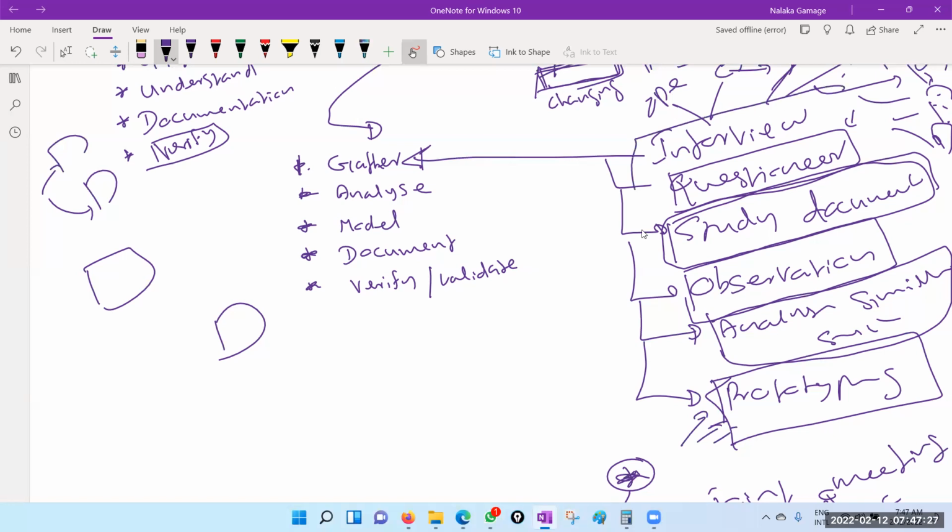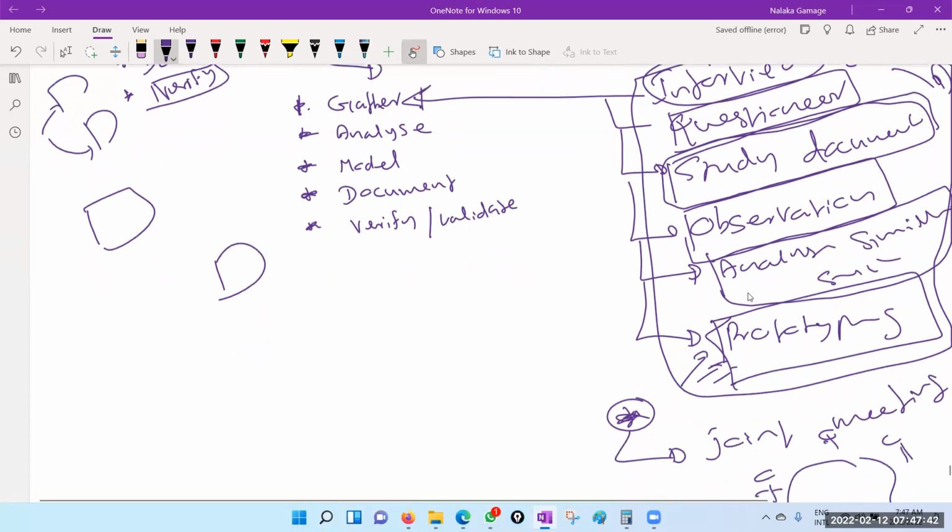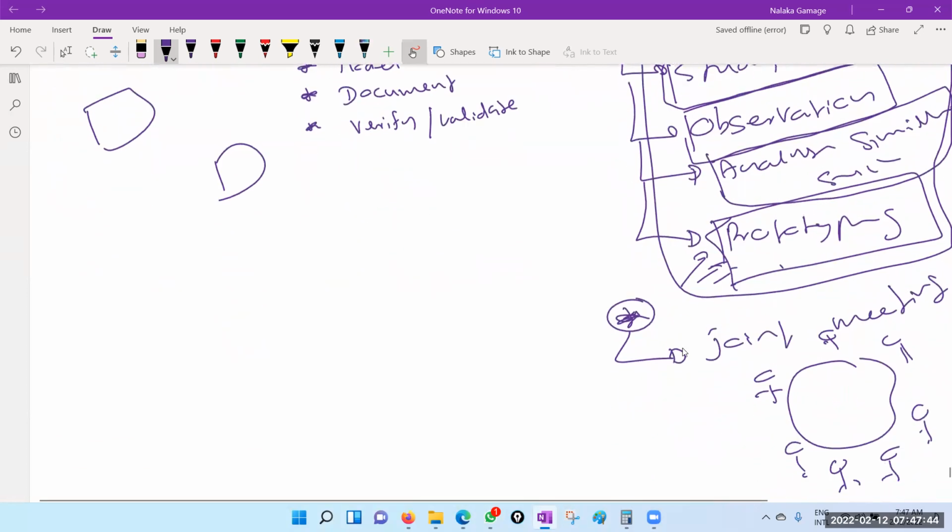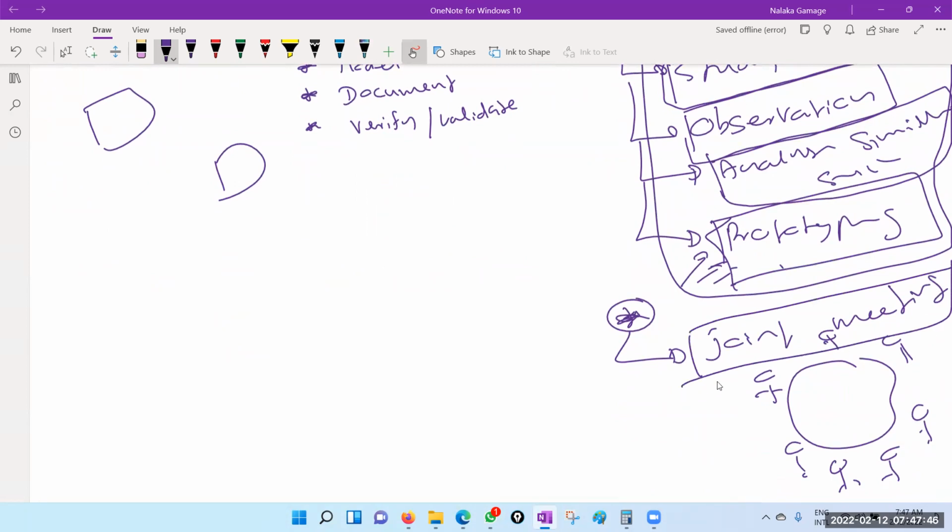So all those techniques I use in varying degrees, depending on the system we are developing. But these days, while we are doing these things to a certain extent, what we prefer most is to have joint requirement meetings and discussions.